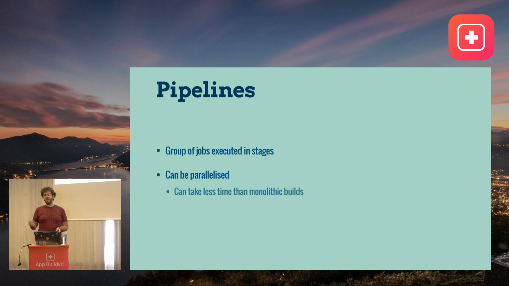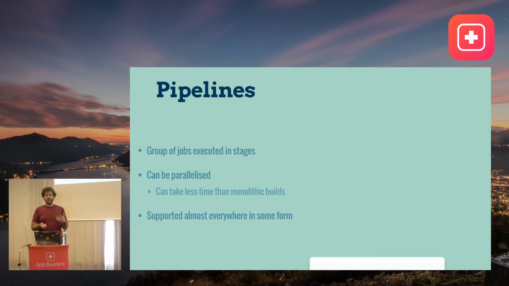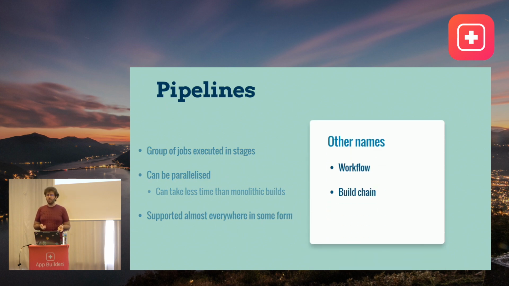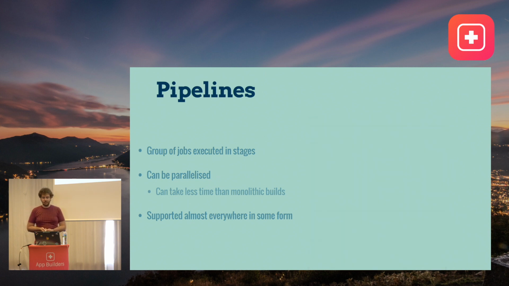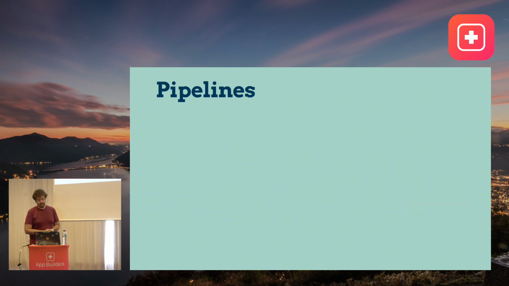I say can because sometimes they actually take more time because of maybe Gradle overhead, because of many factors. But they're supported pretty much by all services in some way or form. Sometimes you will see them referred to as workflows or build chains or other names. But if you're wondering, should I use pipelines? The answer is most definitely yes. Yes, you should. And we'll see why in a second.